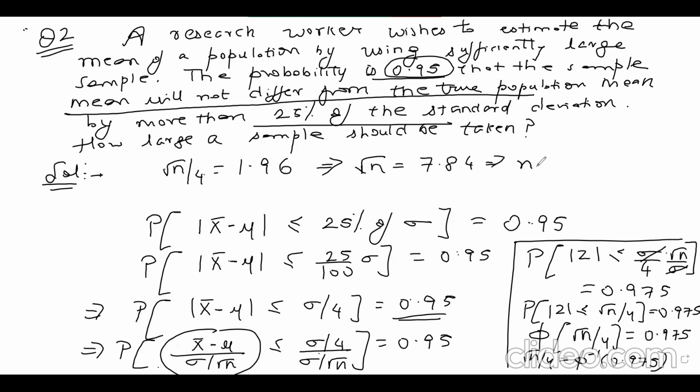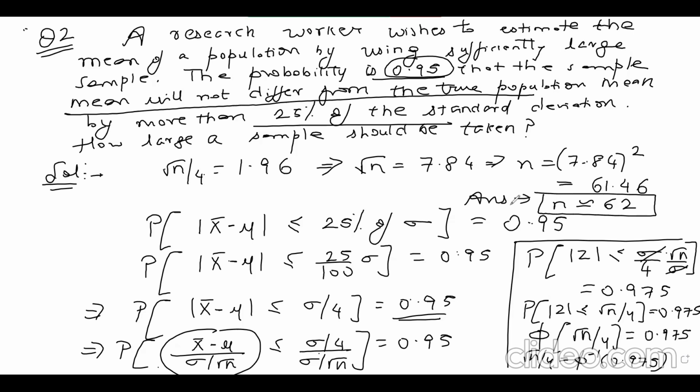So my n will be 7.84 squared, which is going to be 61.46. So I can write that approximately 62 observations. So n should approximately be 62. This is the answer for this.